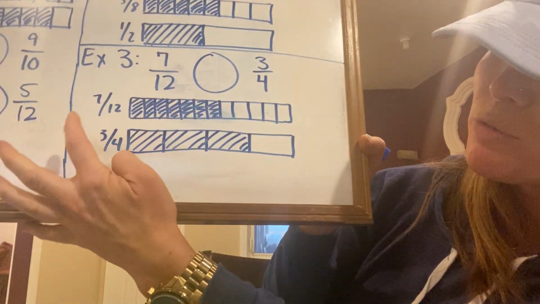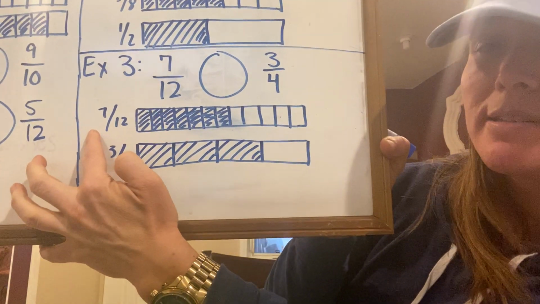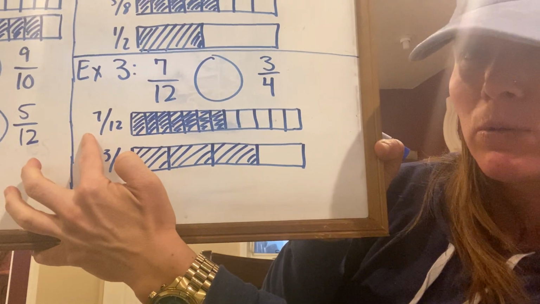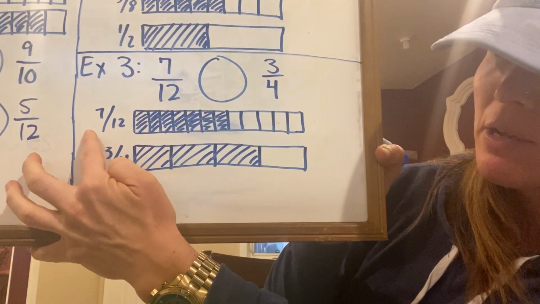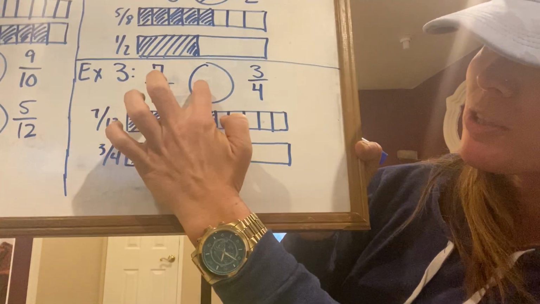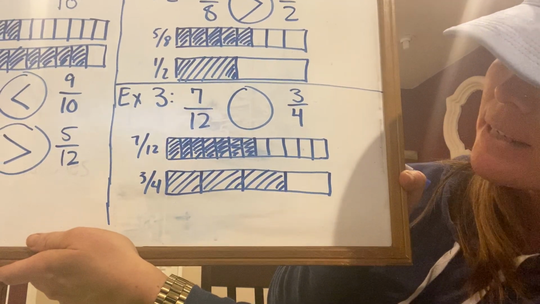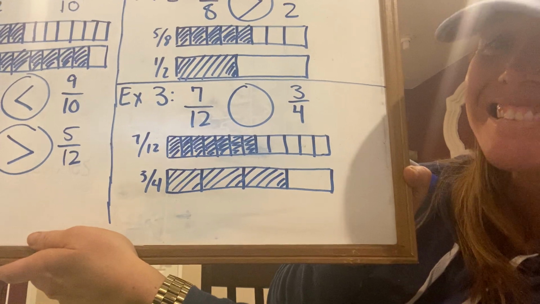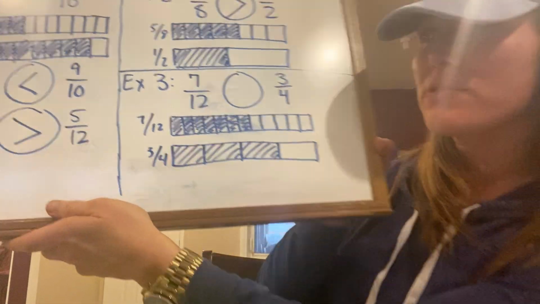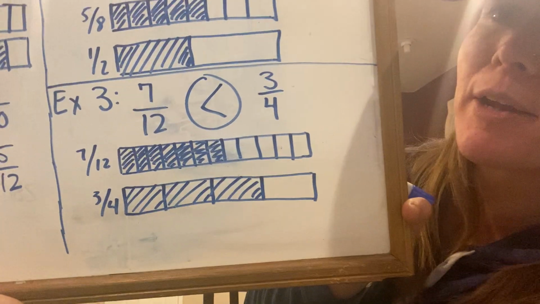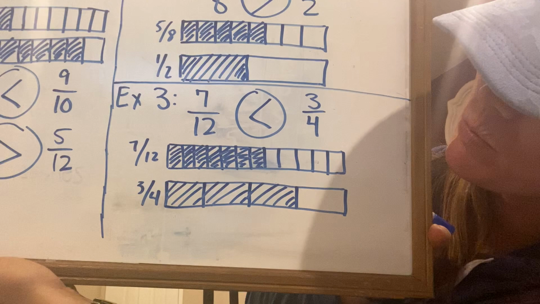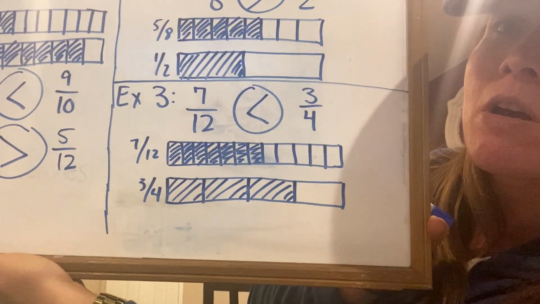Which means that the 7/12 is actually a lesser amount, so the fraction is less. Looking at this comparison equation, I can say that 7/12 is less than 3/4. See that? So that's your example.